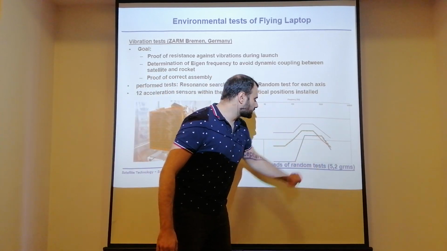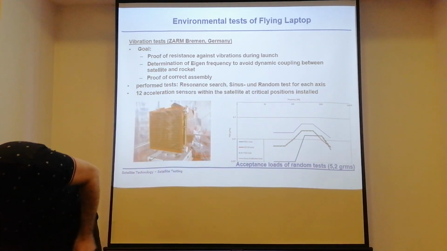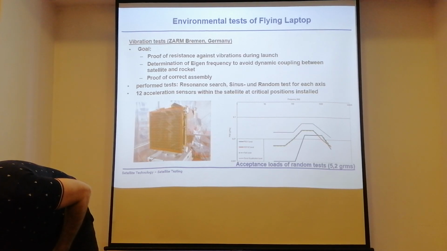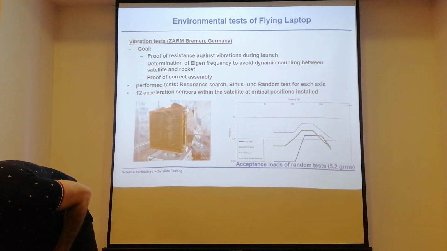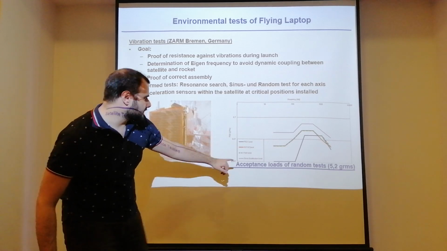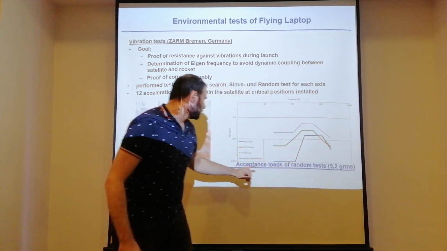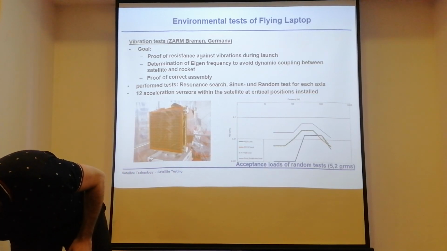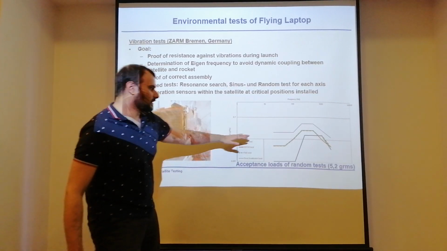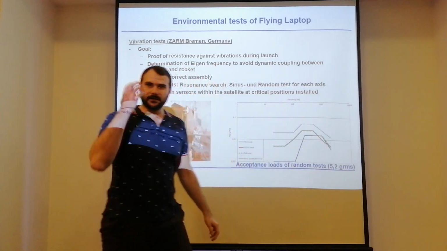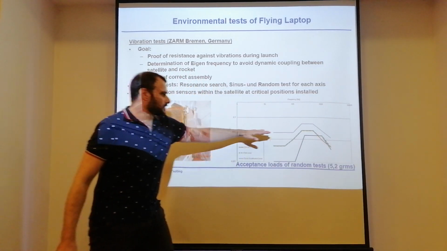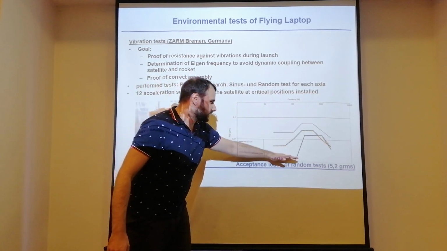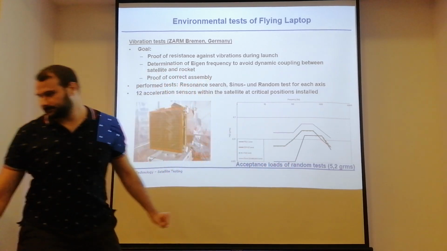So this was tested with the Soyuz. Sorry, this is PSLV, this is Soyuz, and the other one is the Soyuz qualification level. So they have a difference for the qualification. This is the qualification you need to show, but these are the actual ones there.